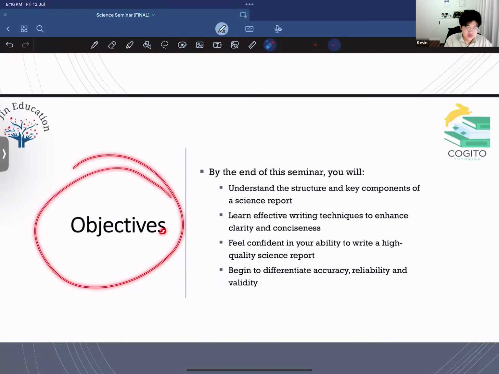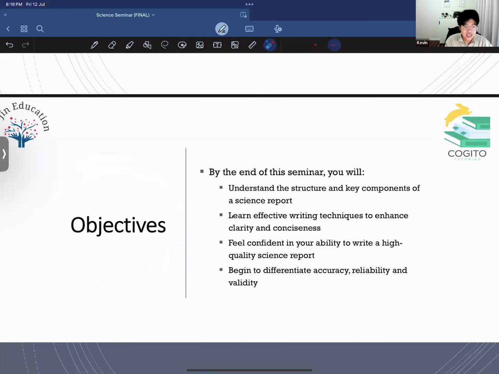Here are the objectives. I want you guys to read every objective with me now and see whether we met those objectives. Understand the structure and key components of a science report. Hopefully you guys understand the key components and structure. I'm going to assume that's a tick. Learn effective writing techniques to enhance clarity and conciseness.